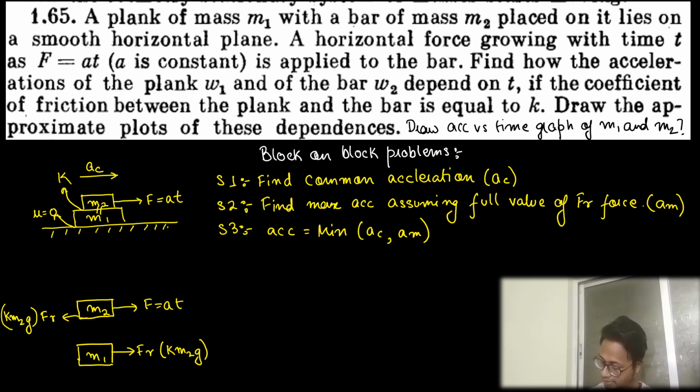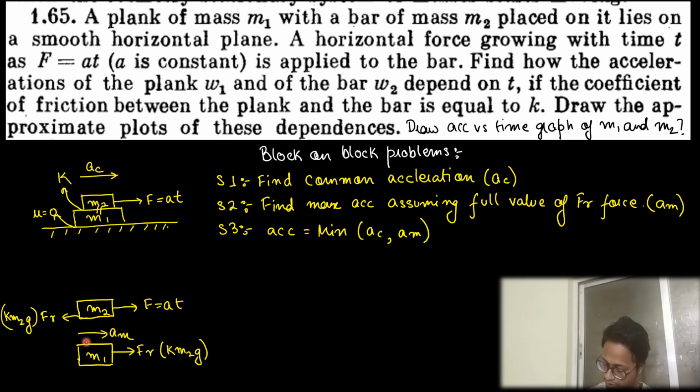Maximum acceleration is nothing but, see, out here, what is pulling this block M1? This friction force. Is there any other force on this block? No. So the maximum possible acceleration of block M1 is nothing but am. And why didn't we apply maximum acceleration out here? See, out here there are two forces, F equals at and friction force. So there are two variables, so we cannot decide what happens out here. It's easier to decide out here.